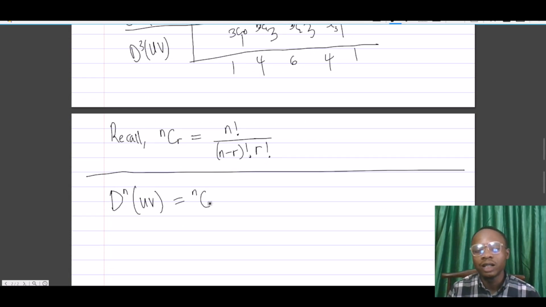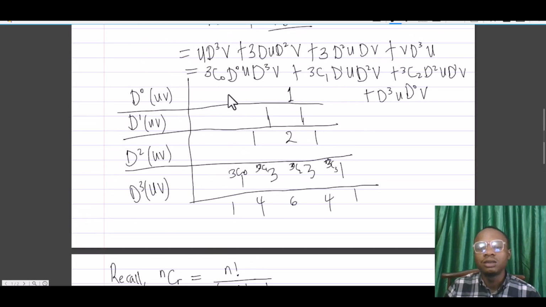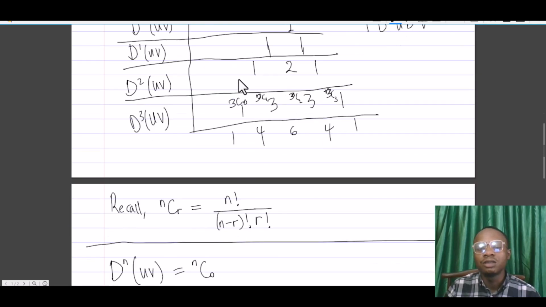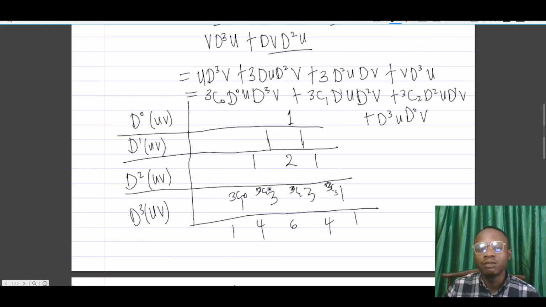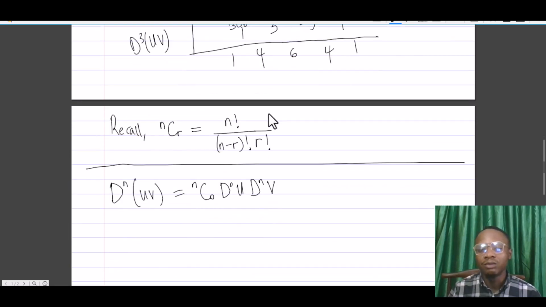You can write it as n combination 0. Then we take the zeroth derivative of u, so this is going to be d to 0 of u, then d to n of v, because just like this one we have the third derivative where n is 3, and then we go further.